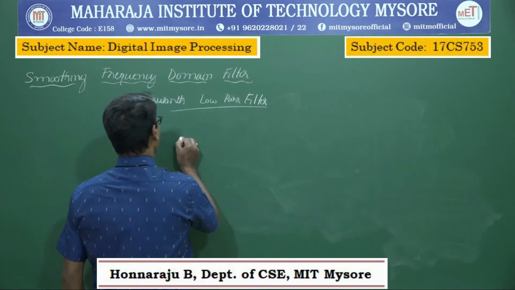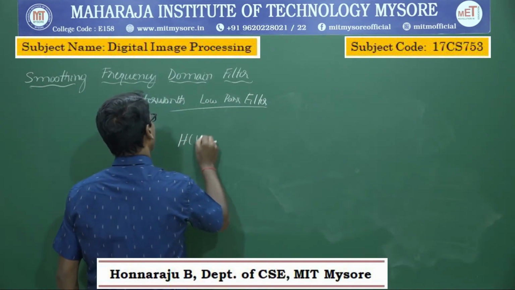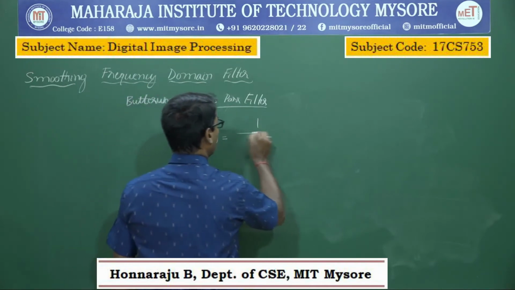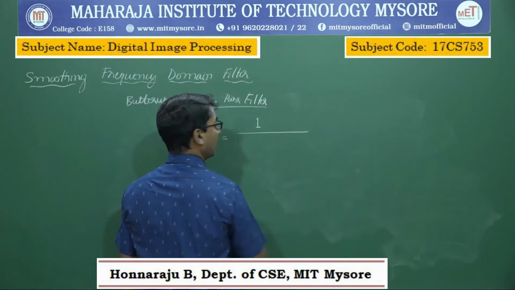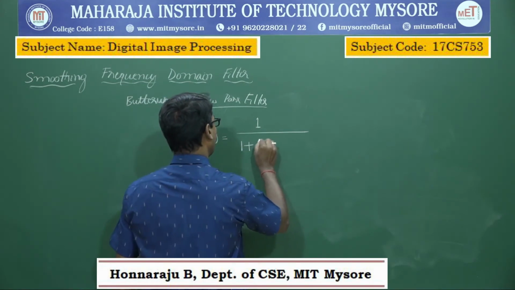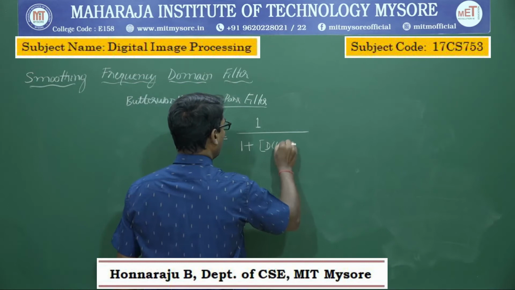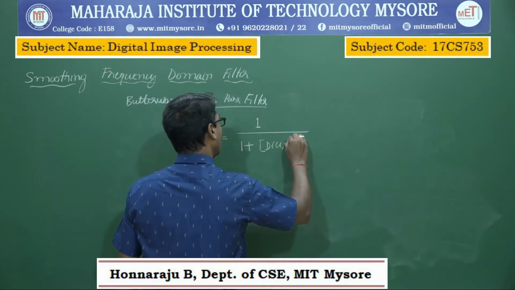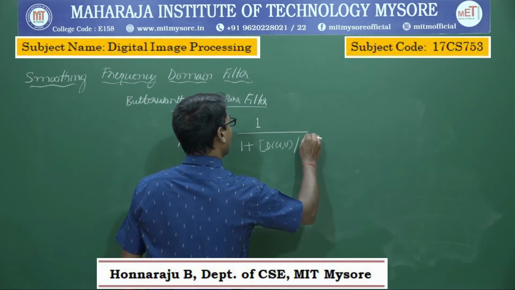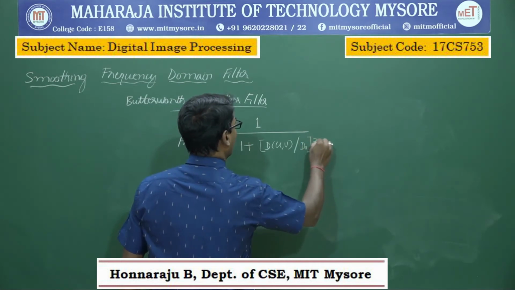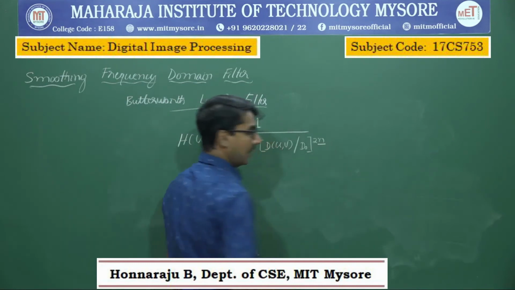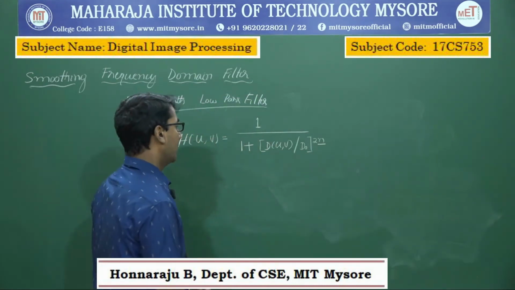The function of the Butterworth low pass filter is h of u comma v is equal to 1 divided by 1 plus d of u comma v divided by d naught, to the power of 2n. Here n represents the order.